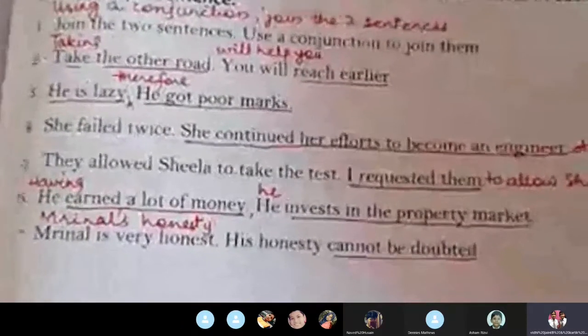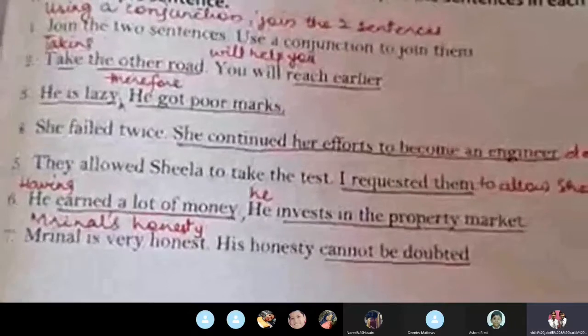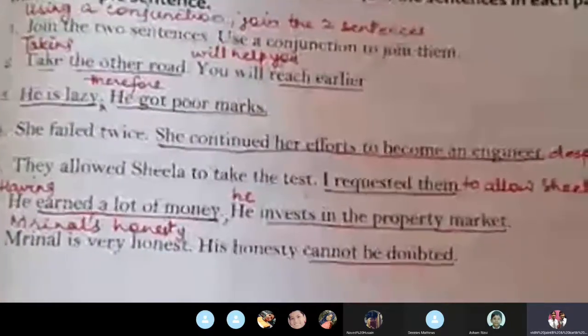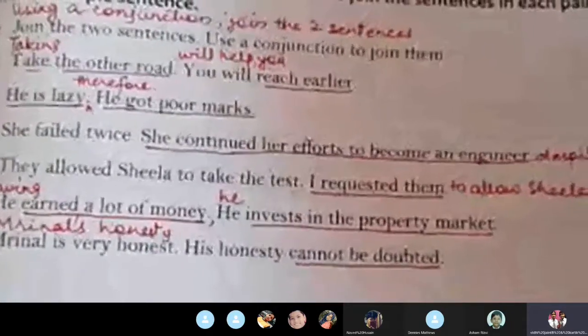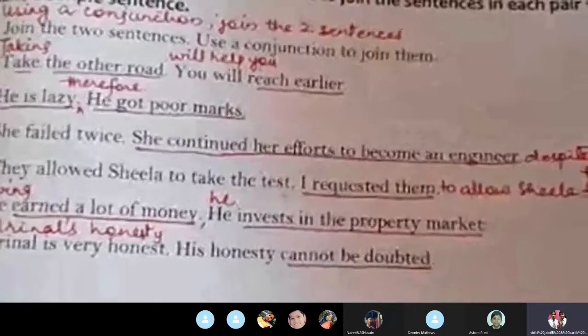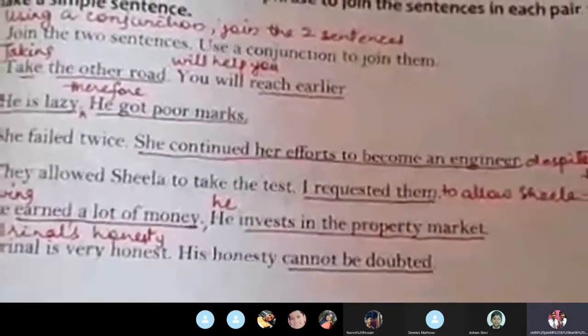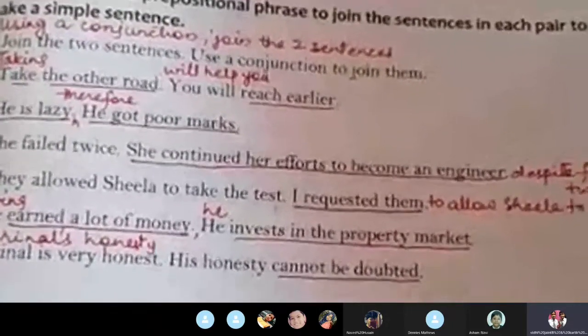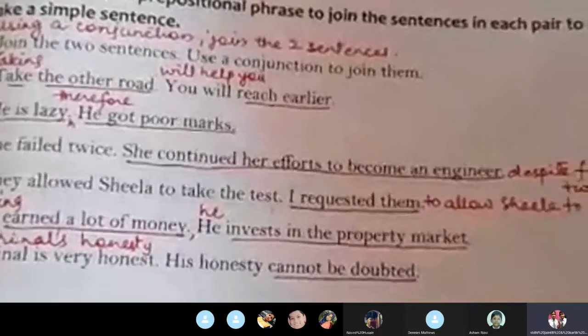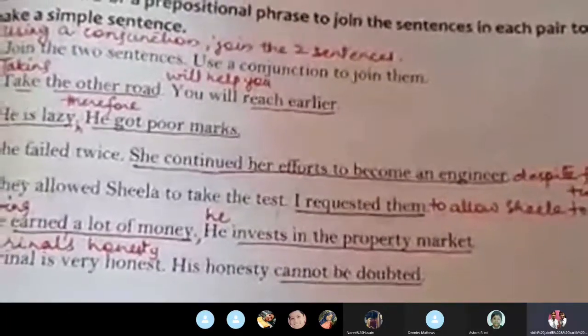Combine it: Having earned a lot of money, he invests in the property market. After money, there's a comma. I repeat, having earned a lot of money, he invests in the property market.